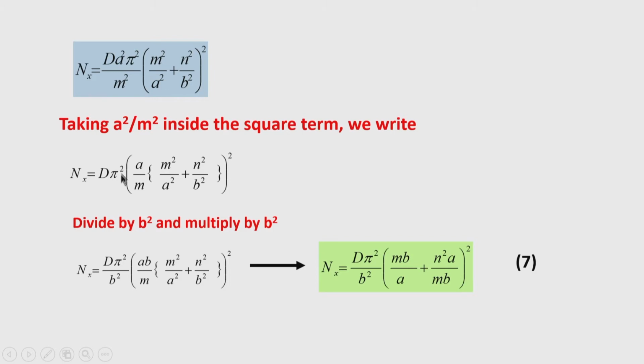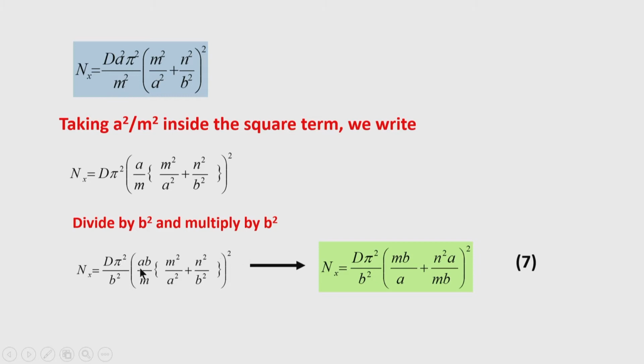You see D π² by b², because the division by b² has taken place, and then we have multiplied by b². So, when b² is going inside the bracket containing the square term, naturally b² will be b. So, therefore, ab by m times (m²/a² + n²/b²) and then whole square.